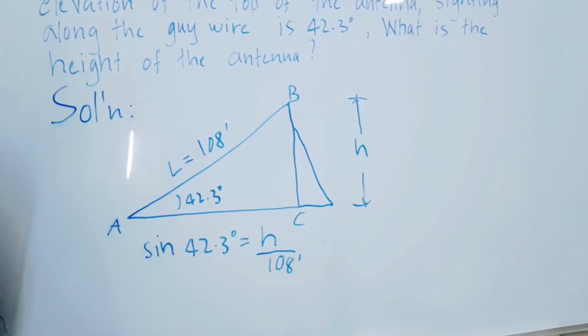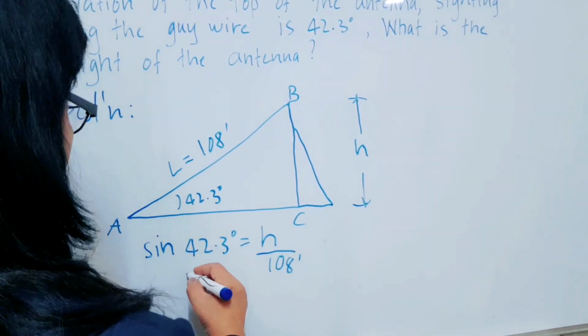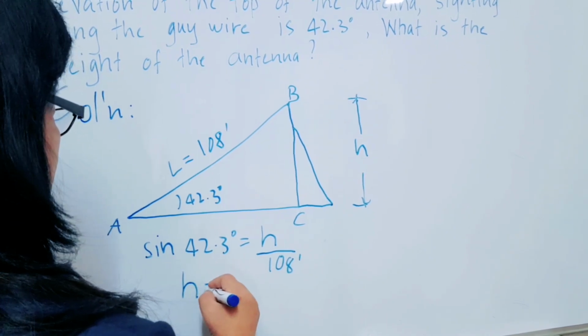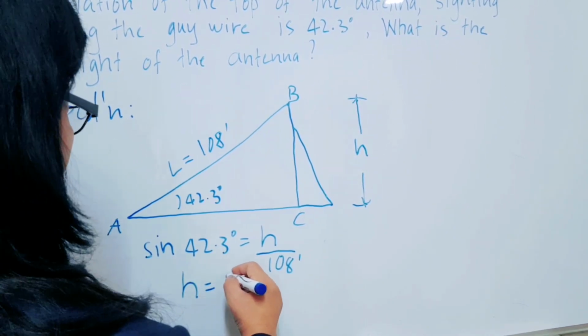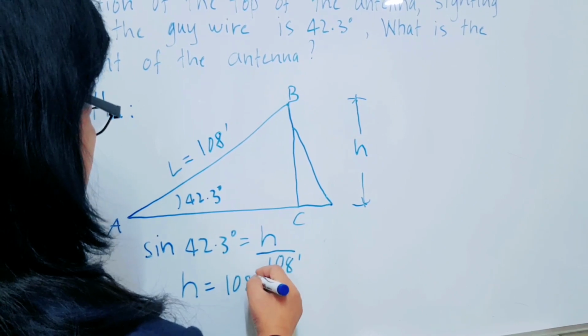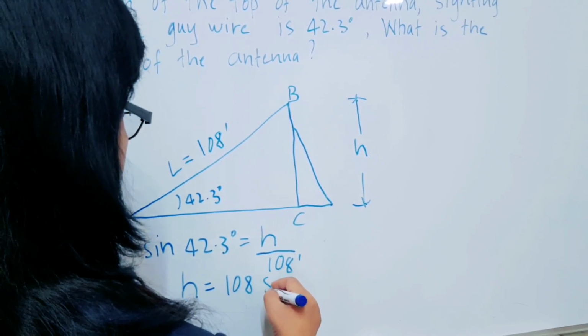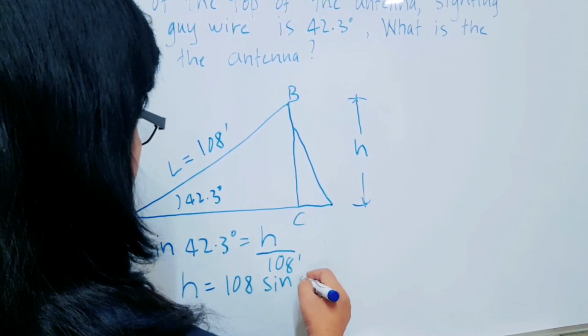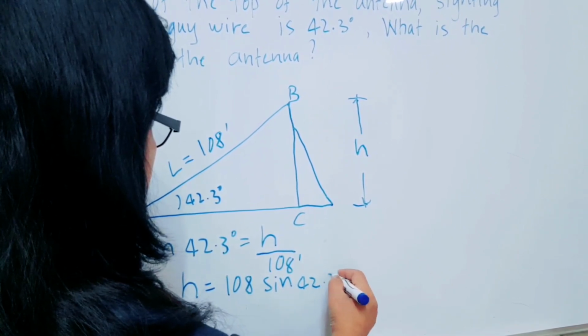Therefore, cross multiplying, height is equal to 108 times sine of 42.3 degrees.